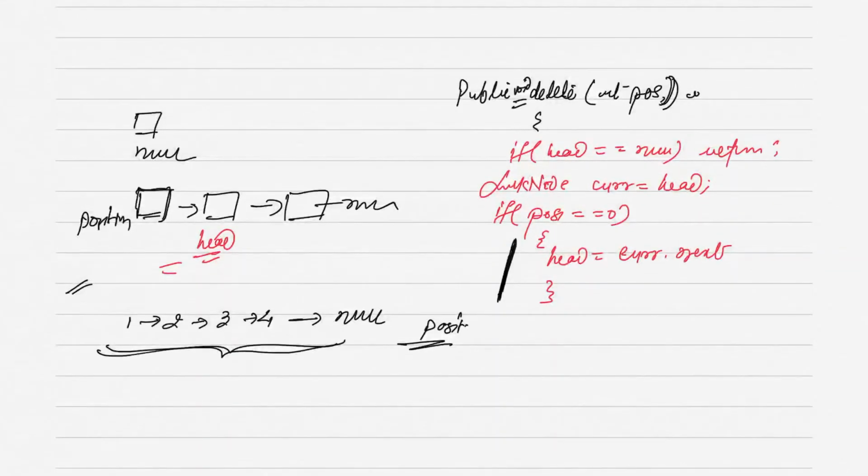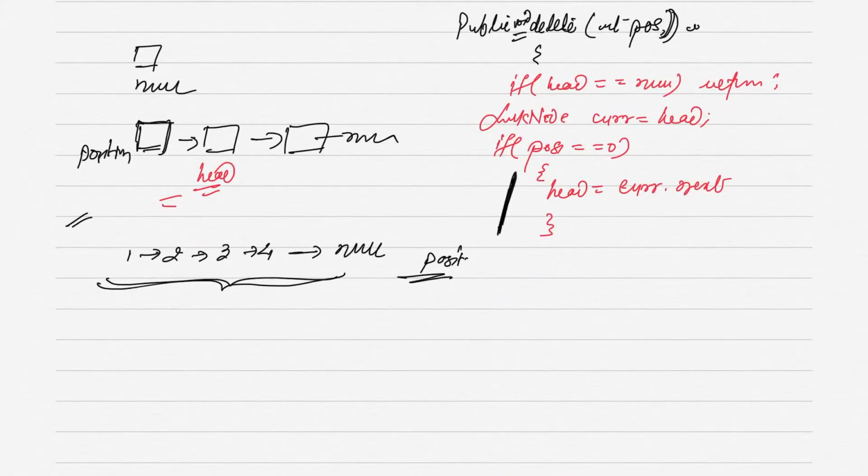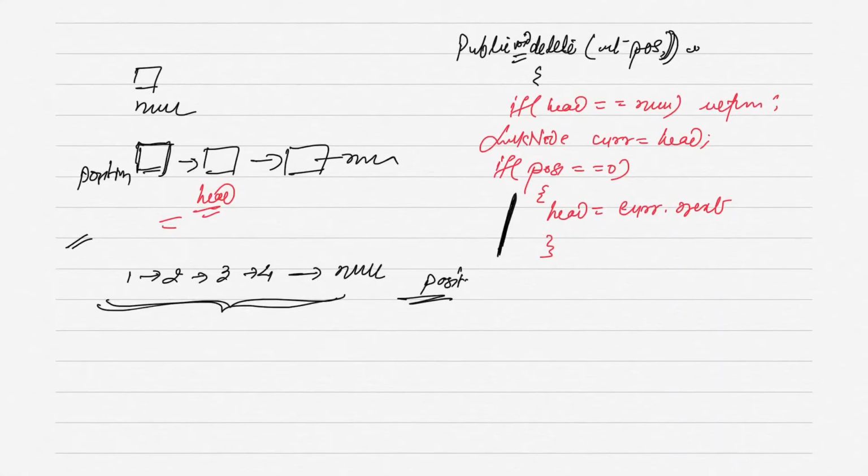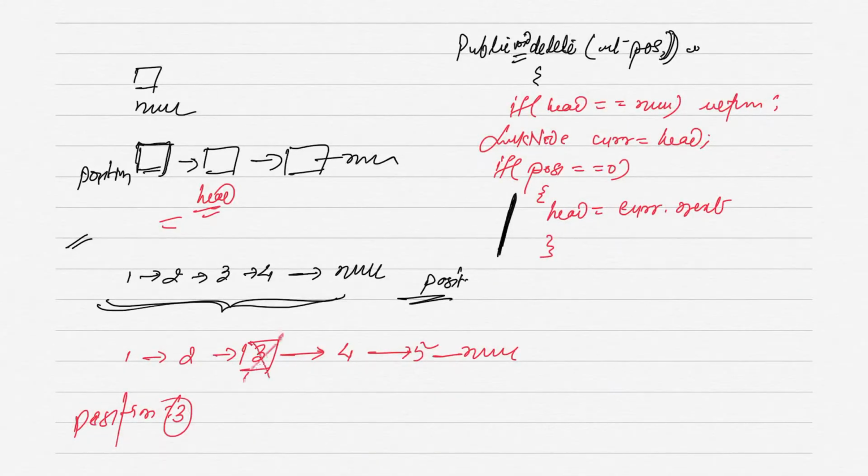So what we are going to do, look very closely here. 1 2 3 4 5 and null. In this example your position is 3, so I am asking to go and delete position 3, whichever node is there. So I need to delete this node.